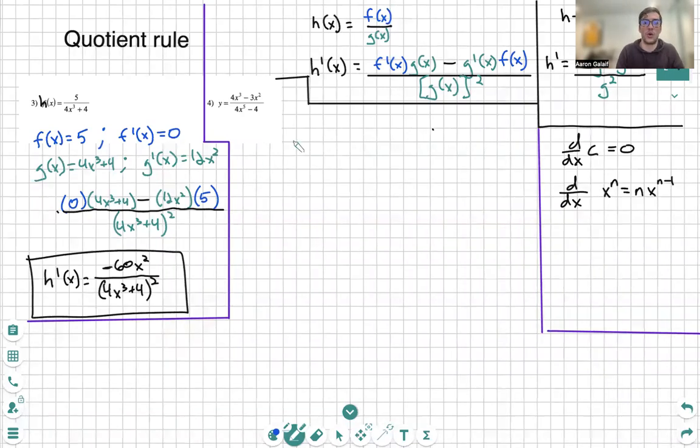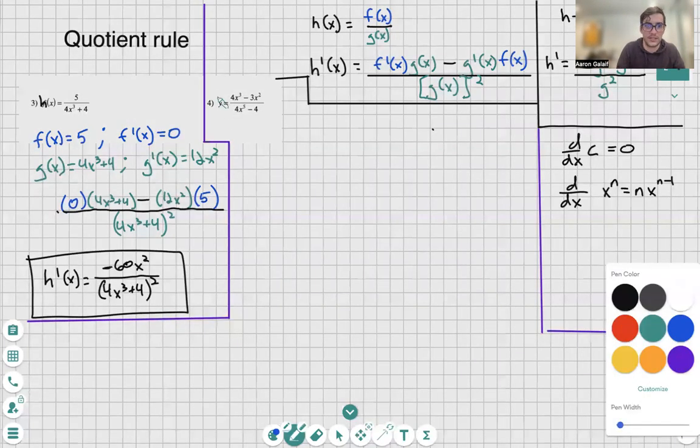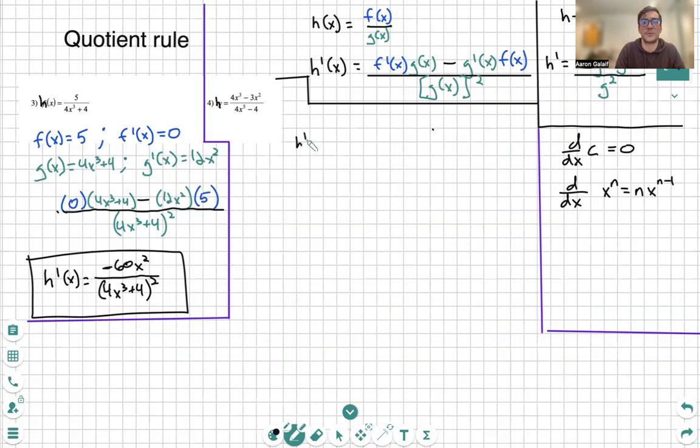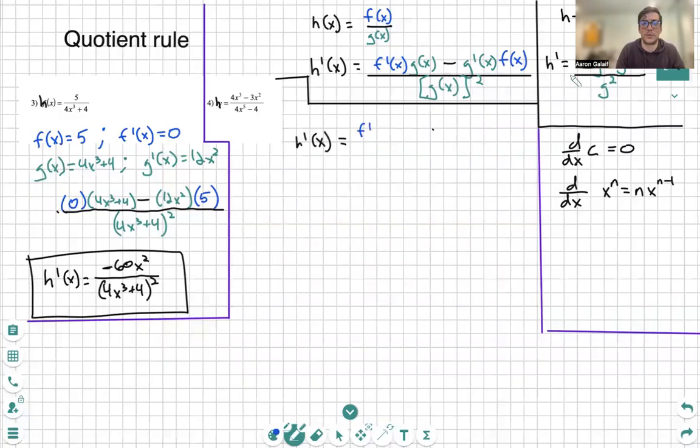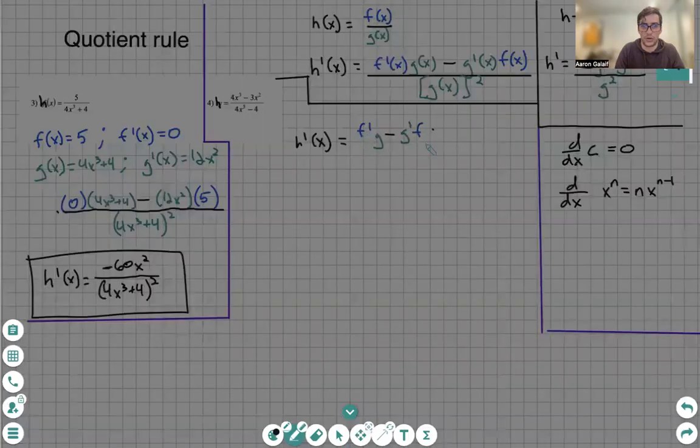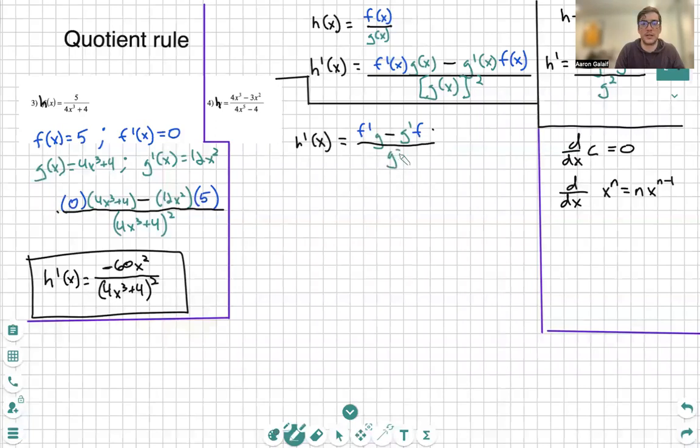So we know that the derivative of, and we're going to call this H again. Let's turn that into a black though for consistency. So we know that H prime of X is going to be, right, from the right side, we know F prime times G, numerator prime, keep denominator, derive denominator, keep numerator the same, all over square the denominator.